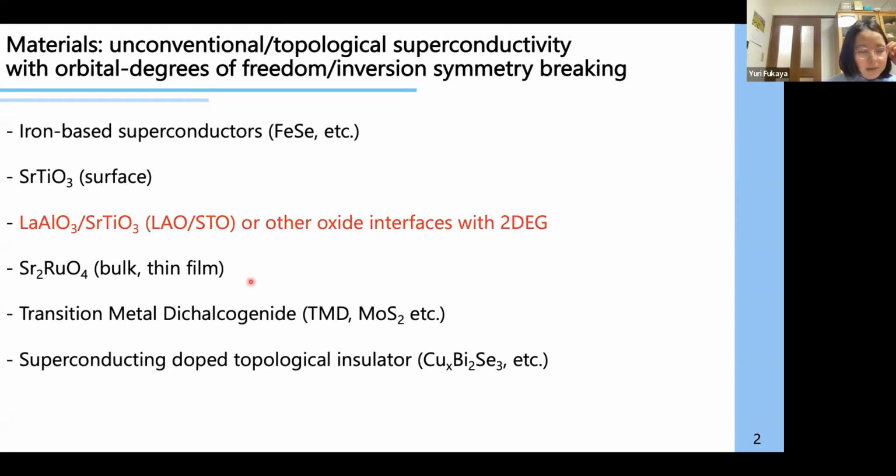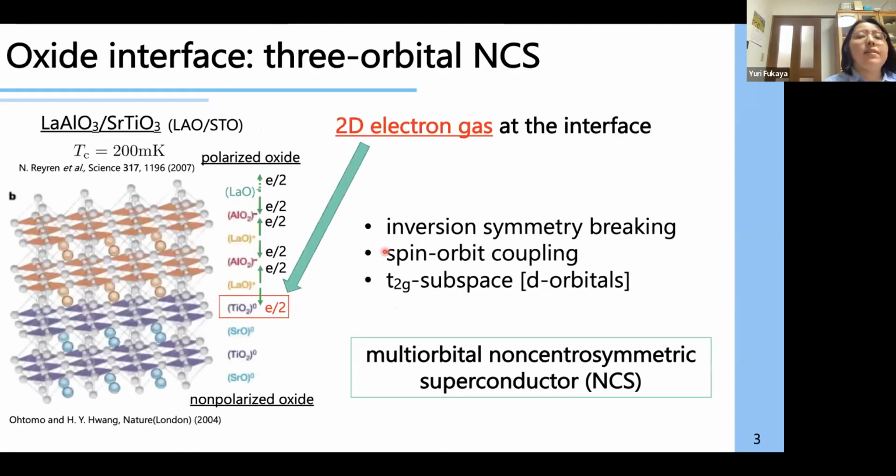To unveil the possibility of topological superconductivity caused by the orbital degrees of freedom, in our study we focus on the oxide interfaces with two-dimensional electron gas. However, our theory is general and can apply to a large class of materials where orbital degrees of freedom are relevant and inversion symmetry is broken.